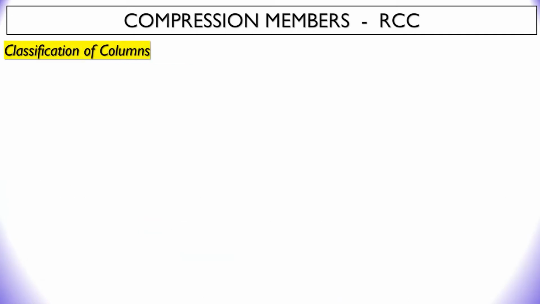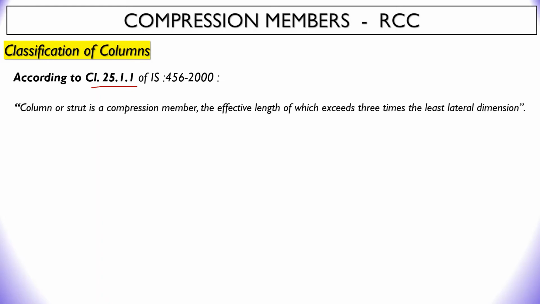Now we have to go through the classification of columns, how we can classify the column, what are the various types of classification of columns. So according to clause number 25.1.1 of IS 456, as we discussed in the previous step, a column or strut is a compression member, the effective length of which exceeds 3 times the least lateral dimension.